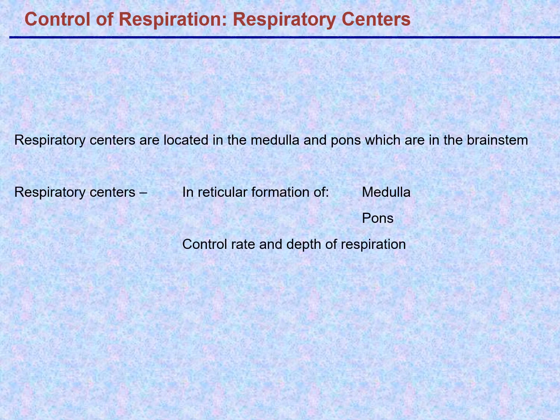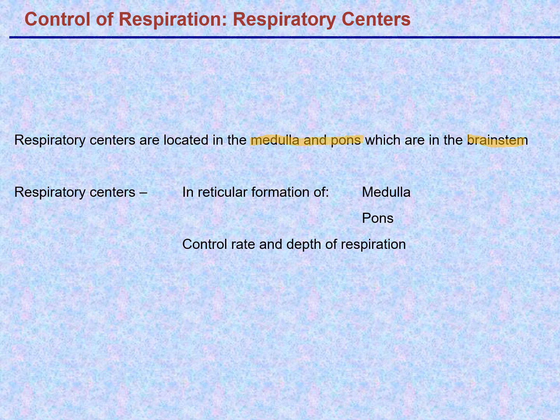Let's look at where control of the respiration actually exists. There's still a lot that's not understood about it, and there is some hand waving in this. It's not very specific to which areas of the brain, but essentially it is known that the respiratory centers are located in the brain stem, specifically in the medulla and the pons.